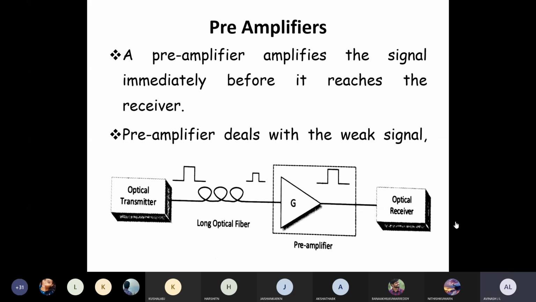So variations in the two signals they can identify. A small amount of phase change they can identify, a small amount of frequency change they can also identify, and they will definitely give how much percentage deviation is there. So that particular thing is called pre-amplifiers.